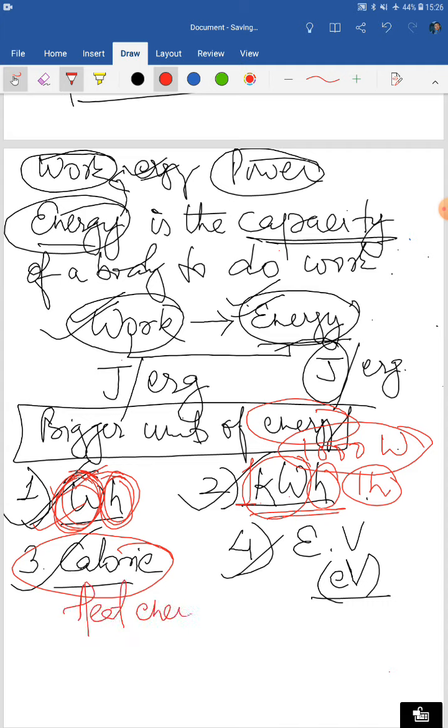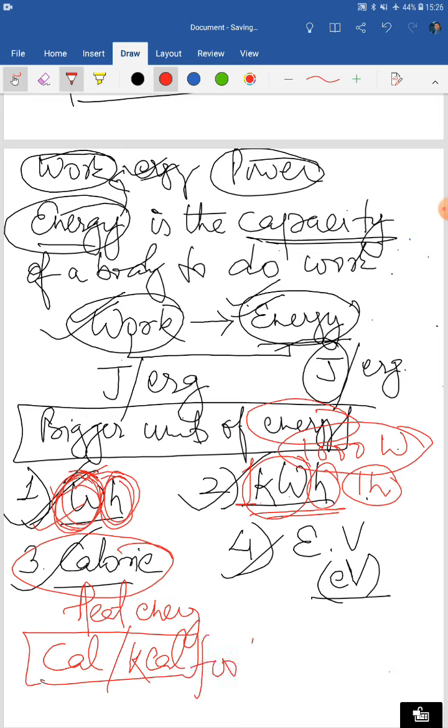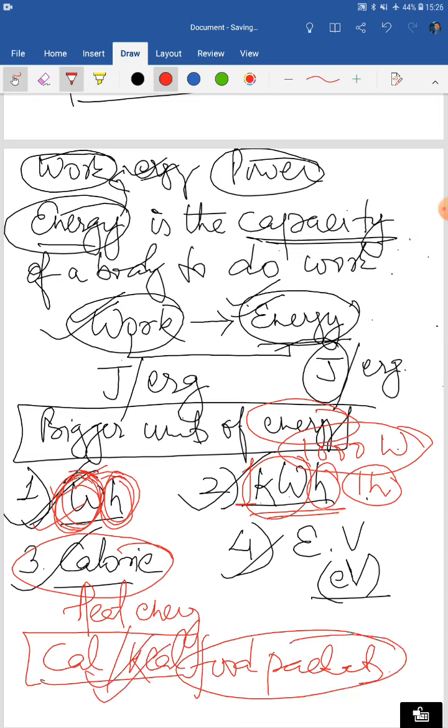Okay, you will find this calorie or kilocalorie, KCL, written on the food packets ma लेखेको हुन्छ. So when you consume that food, what amount of heat energy is going to supply you. So calorie and kilocalorie are the commonly used units of heat energy.